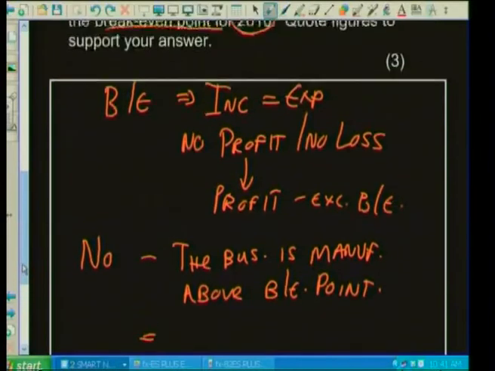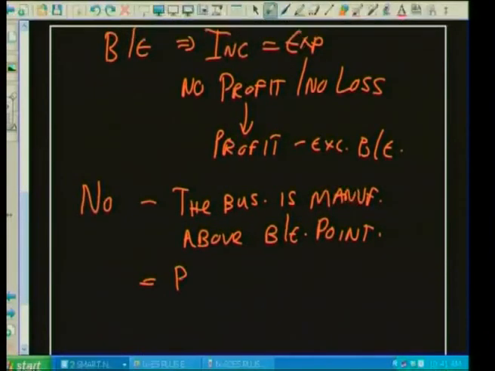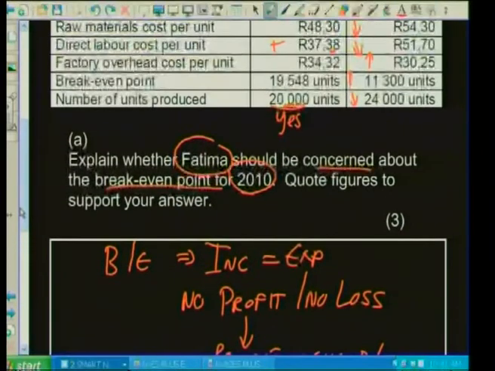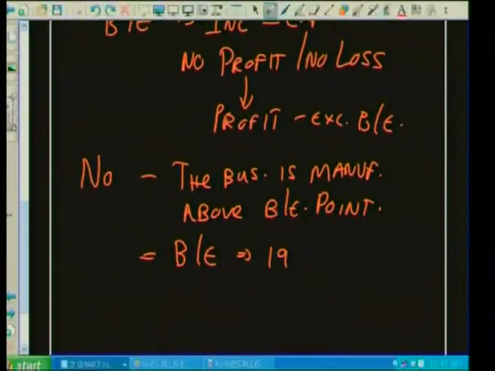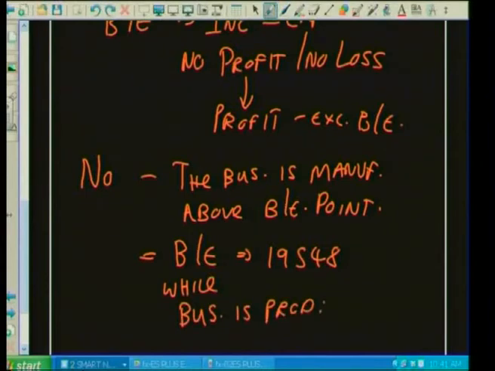So if we look at the figures that we're going to quote, the break-even point for 2010 is 19,548 units, while the business is producing for 2010 20,000 units, and it's obviously above the point of break-even. So she shouldn't be concerned. Okay. Right, let's move on now to the next question.